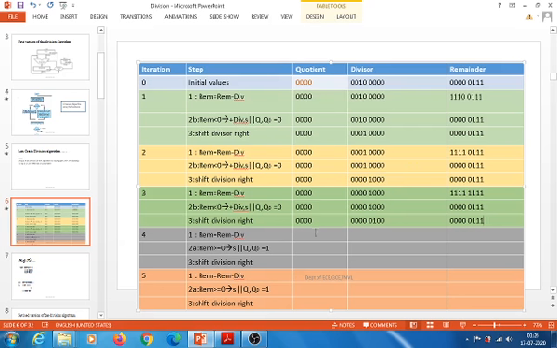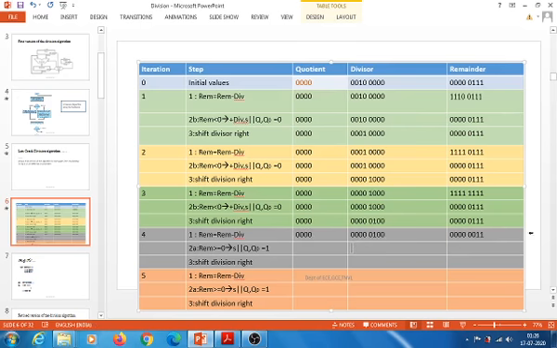The fourth iteration: I want to do remainder is equal to remainder minus divisor. If I perform this, then the answer will be 0 0 0 0 0 0 1 1. Okay, so now all others remain the same, divisor 0 0 0 0 0 1 0 0, and remainder is 0 0 0 0.